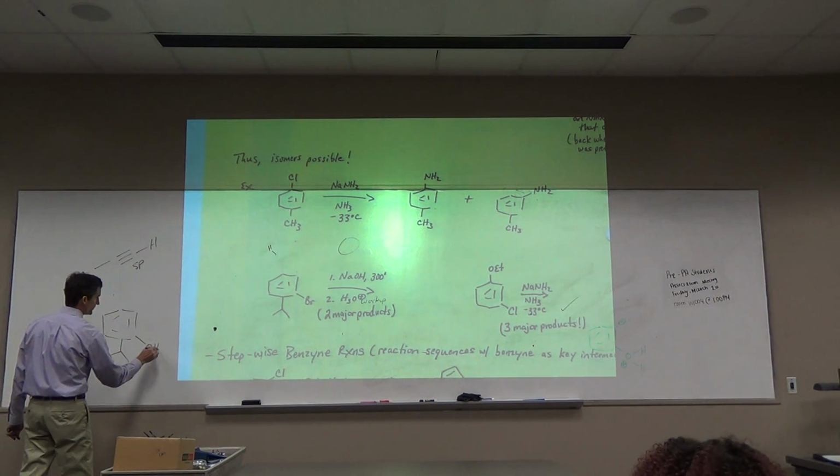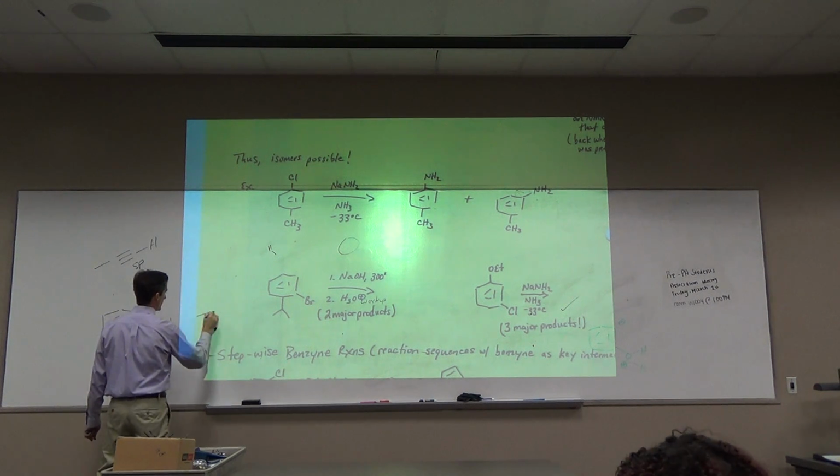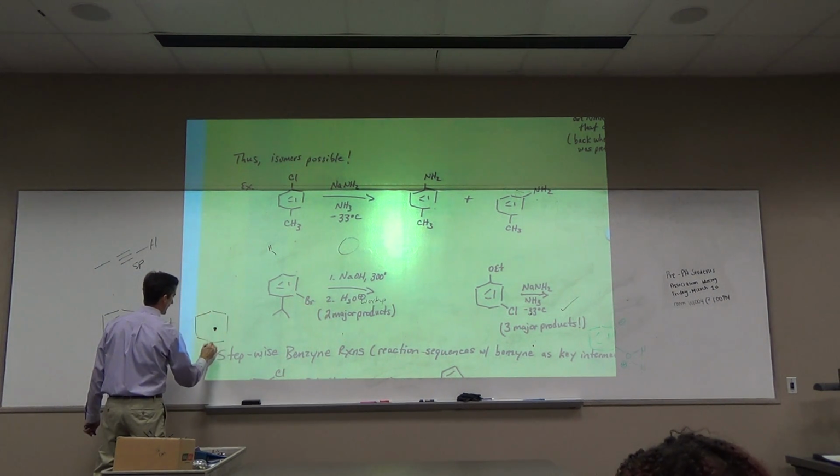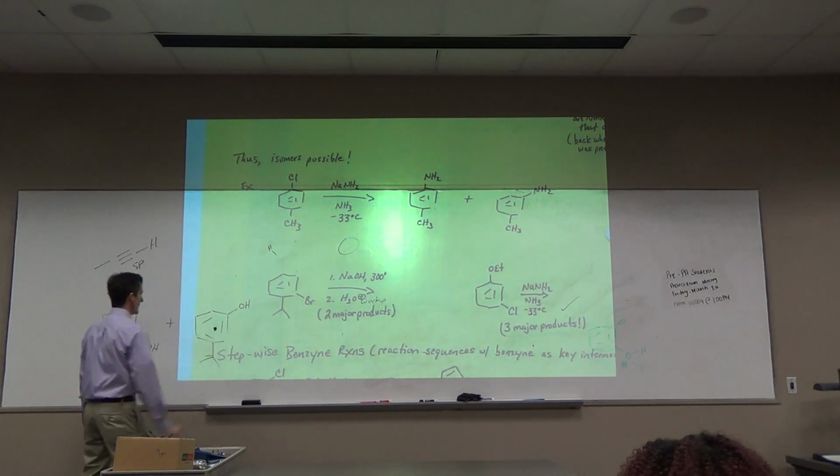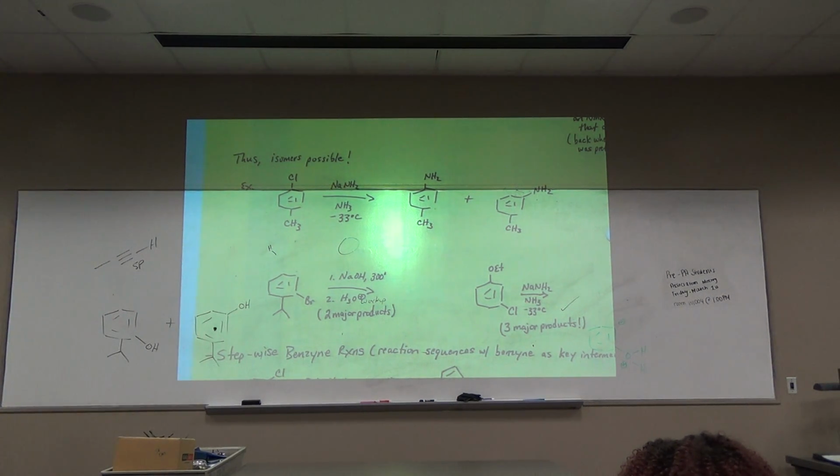I'm going to get this product plus what product? Reasonable that I get those two phenols from benzyne. In this case, one of these might be more favorable. Which one do you think may be? Maybe the meta. Why meta? Let's do it. Why there?